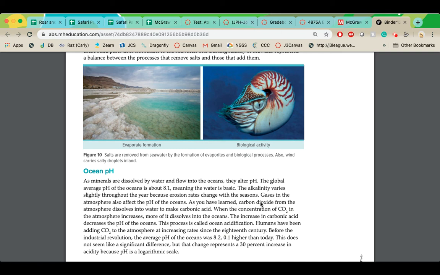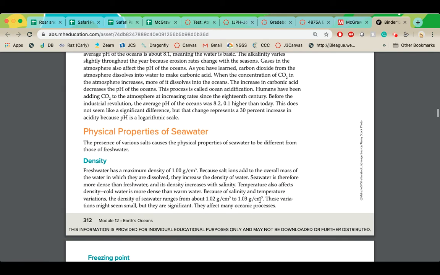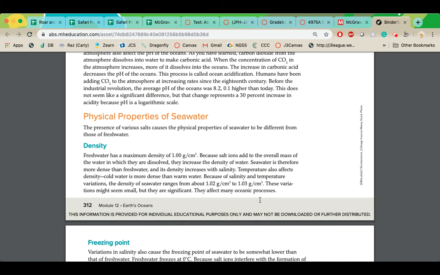As we increase CO2 levels in our atmosphere, it actually acidifies our ocean and makes it more acidic than what ocean creatures are used to. And that again is because the ocean is a carbon dioxide sink. It actually will make carbonic acid, like a very light acid.